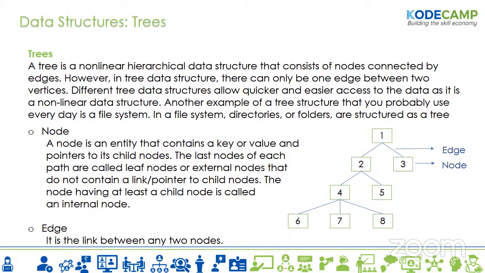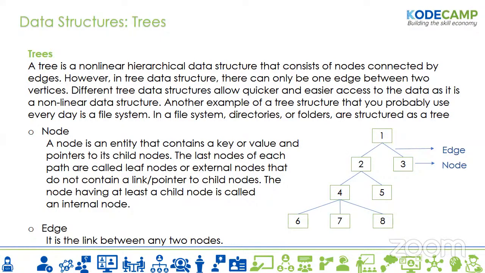In your file system, you have directories, folders and files. If you are trying to access a file, the specific folders along the path will be your nodes until you get to the file, and the connections between them will be the edges.